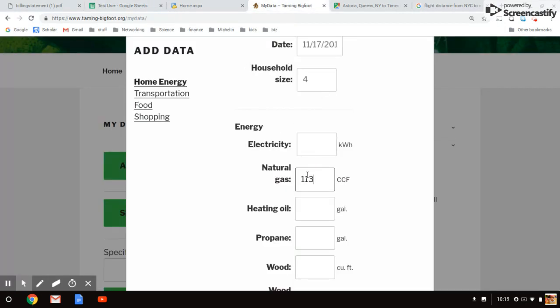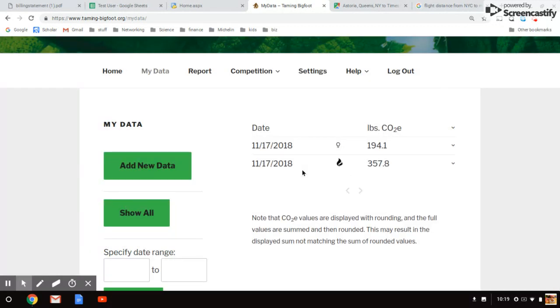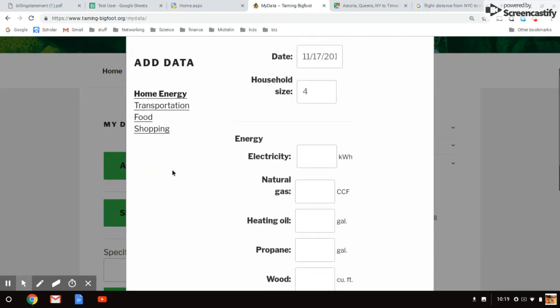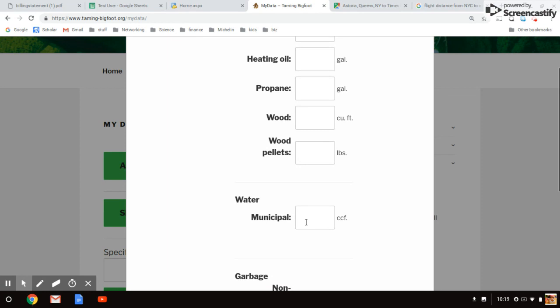So 113 therms of natural gas. Ooh, 357. A bit more pounds of CO2 due to natural gas emitted. Okay. There's other heating fuels there. If you use any of these, you can put those in to see how much they contribute.